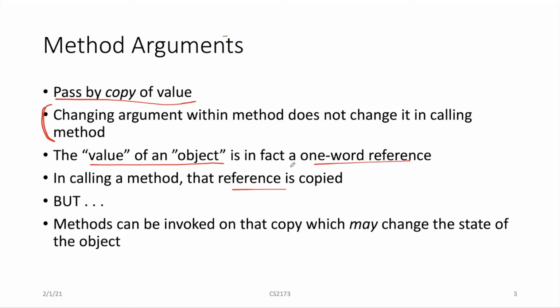If it's an object, again, it will make a copy of the reference, pass that copy in, and then assign the instance variable to that copy of the reference. But that reference is pointing to that object, to where that object stuff is. So now that copy, which has been assigned to the instance variable, is in fact pointing to the object.